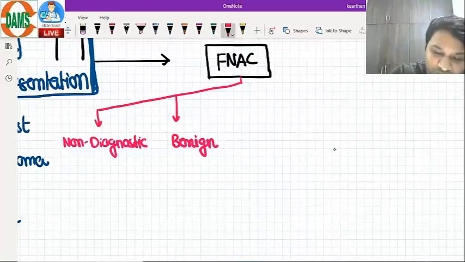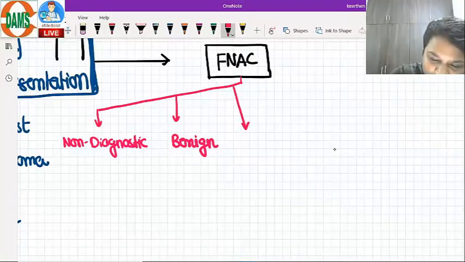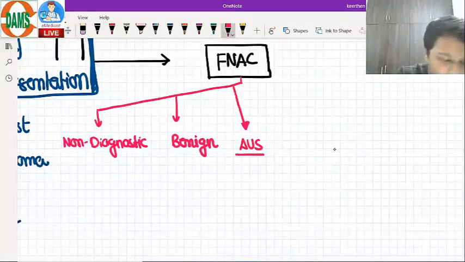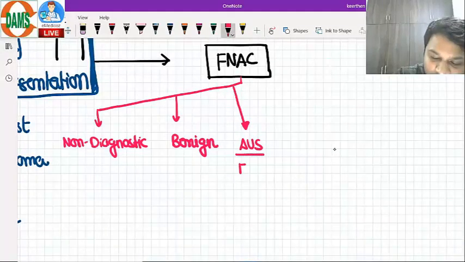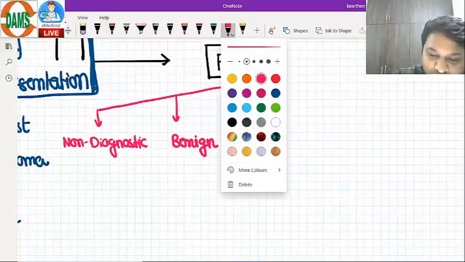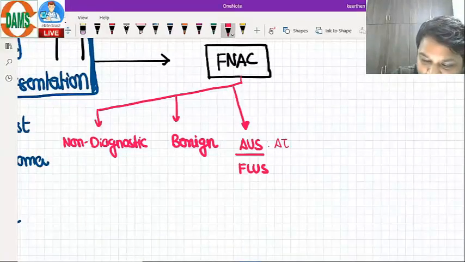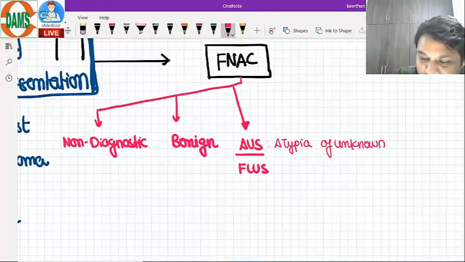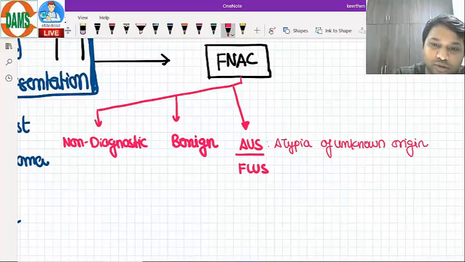Another one, a new addition by ATA 2015, is if the report comes as AUS, also called FLUS. AUS means atypia of unknown origin.